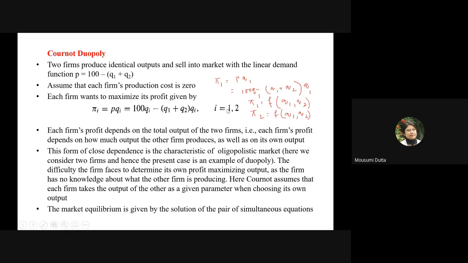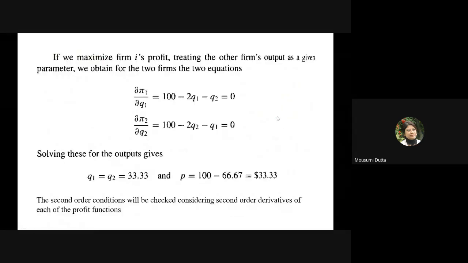Two equations are there, pi 1 and pi 2. If we maximize either firm 1's or firm 2's profit, treating the other firm's output as a given parameter, it is the Cournot assumption. Here I can consider other assumptions too.